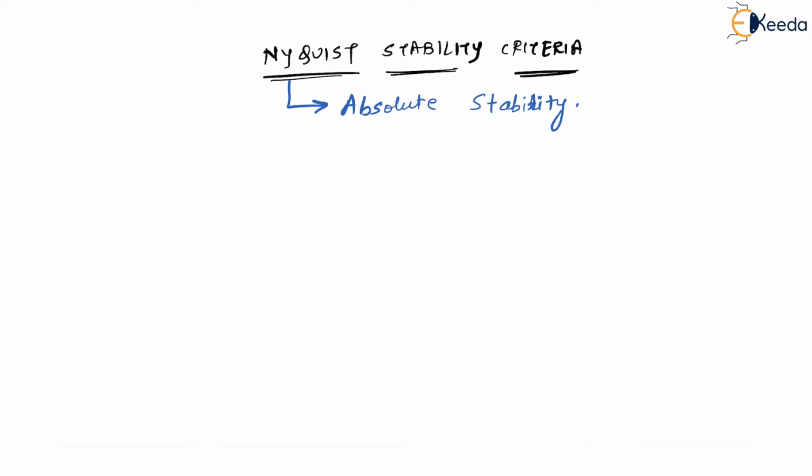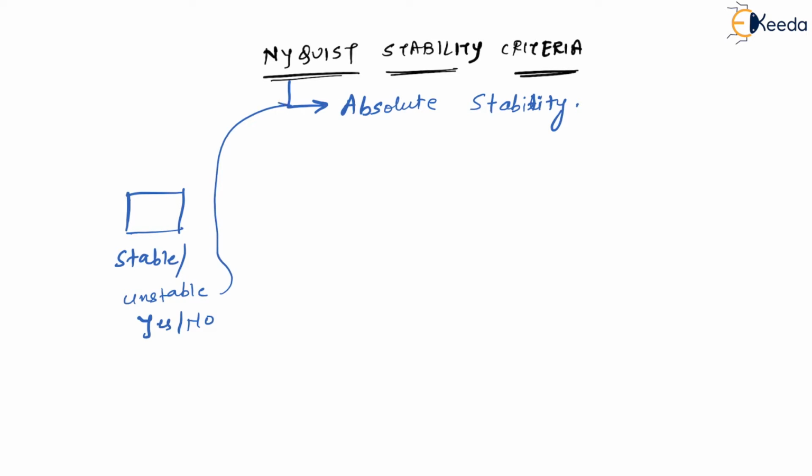Absolute stability means, for example, you have some system, and if you answer that this system is either stable or unstable, a yes or no, then you are asking about absolute stability. If the system is stable you say yes, if not you say no. That yes and no answer is your absolute stability.